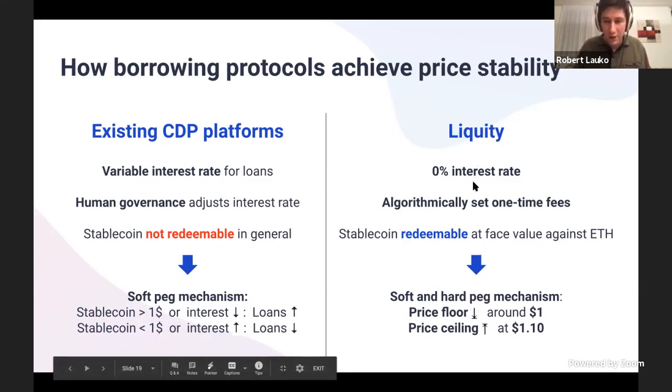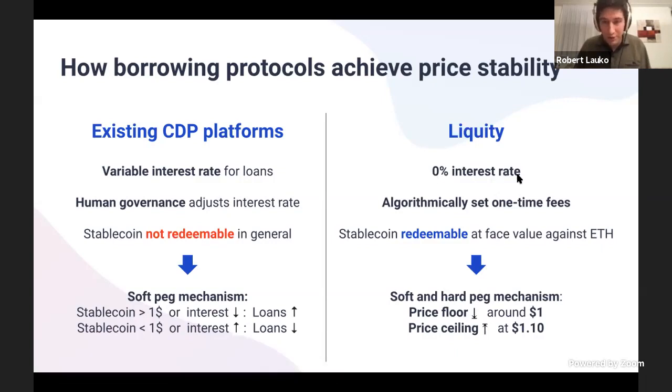Now, we, on the other hand, have a zero interest rate system, as I mentioned initially, and we also have fees in our system, but they are algorithmically governed. So the system just looks at its own variables and the state of everything and determines the fees. And what it also has is this redeemability, which I will cover in a sec, which is not present in existing platforms.